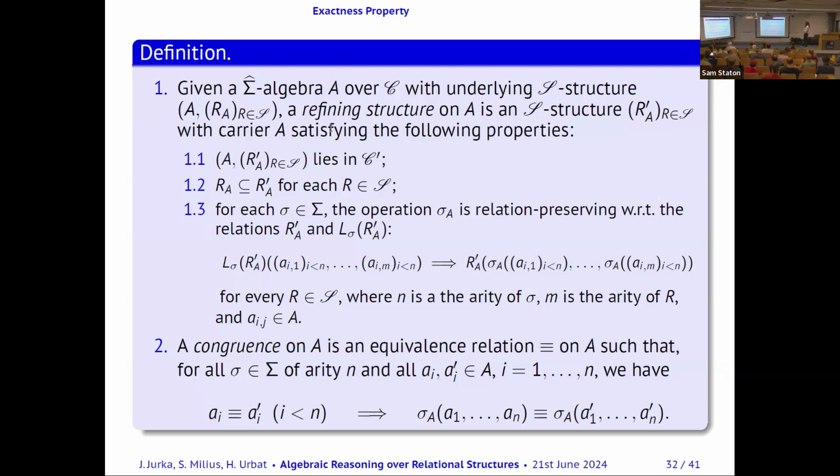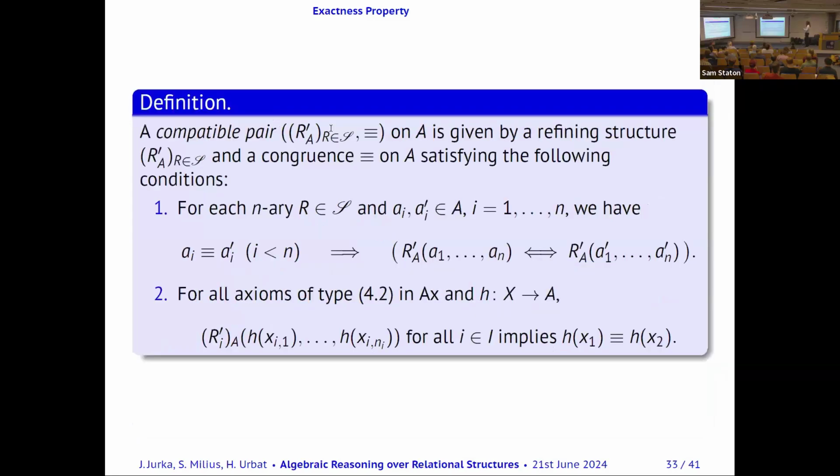And then it also needs to extend like this and be compatible with the operations and liftings. What's important is that we need both a refining structure and a congruence to be able to get this exactness property, and they also need to be compatible in some way.